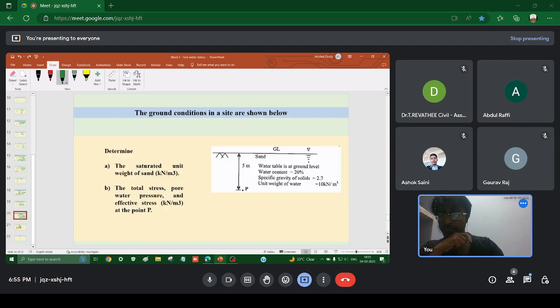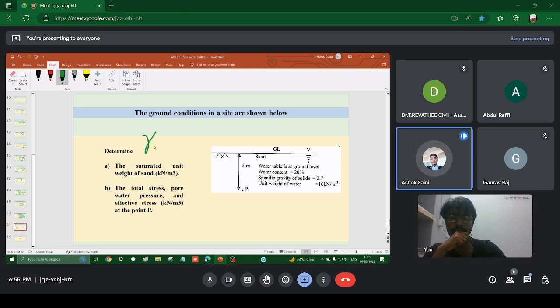Okay. Next question. This is the last question. Have you solved this? What is the saturated unit weight of sand? 21. Let me check.